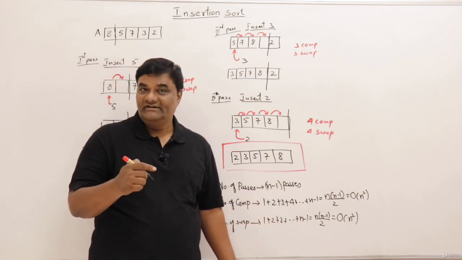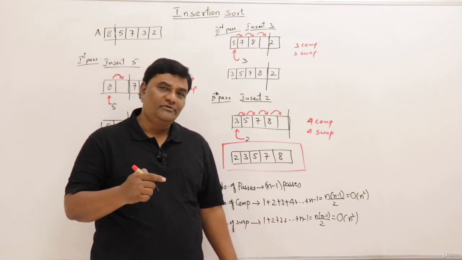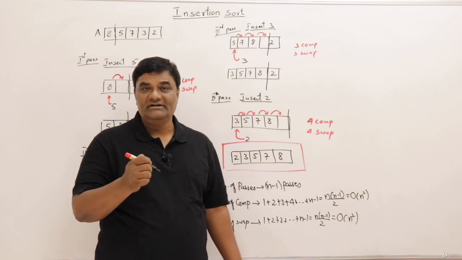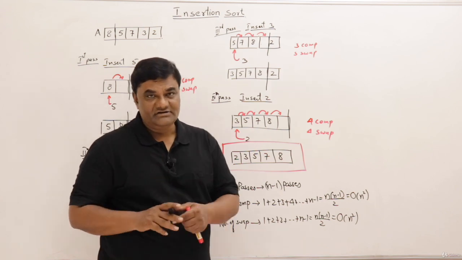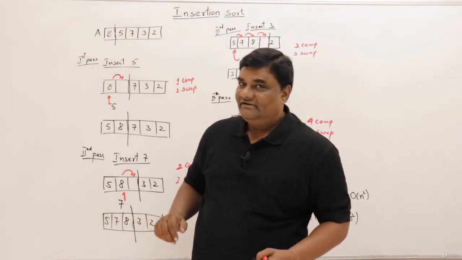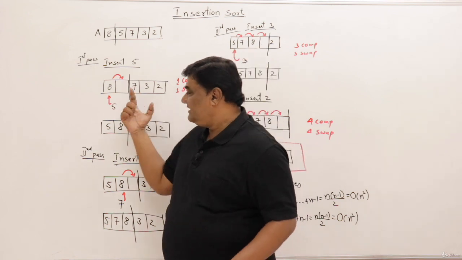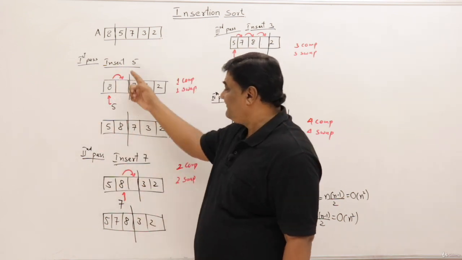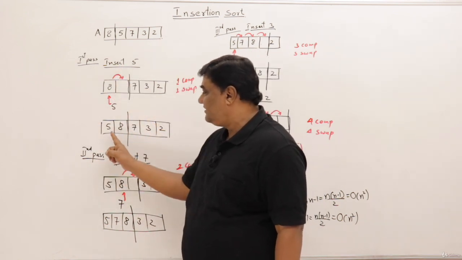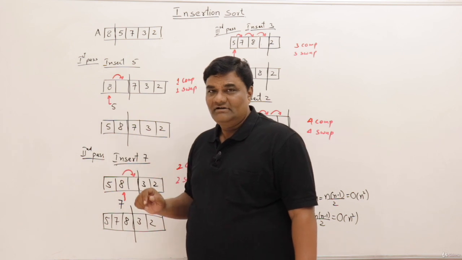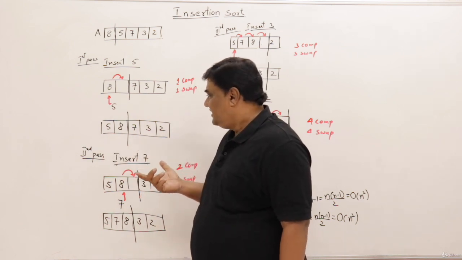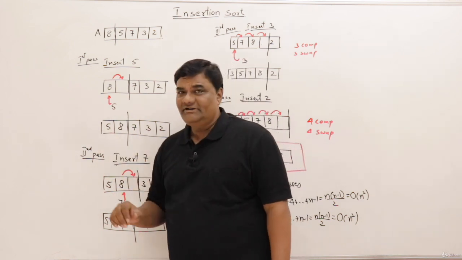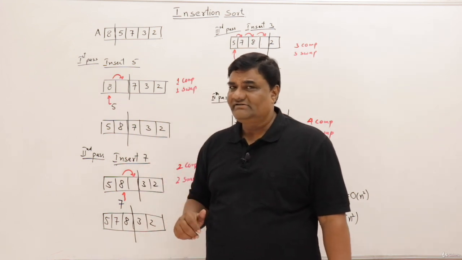We have to check whether it is adaptive and stable or not, but before that I will tell you a few important things about insertion sort. First thing, if I perform just 1 pass, what is the result? See, after the first pass I got 5 and 8. Is it useful anyway? Can I say that the first element will be the smallest element? No, we cannot say that.